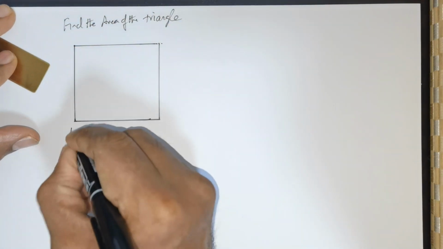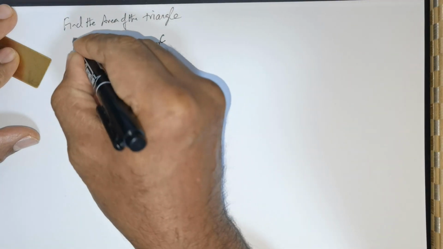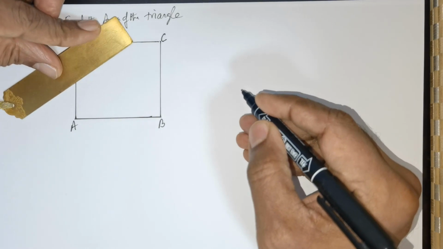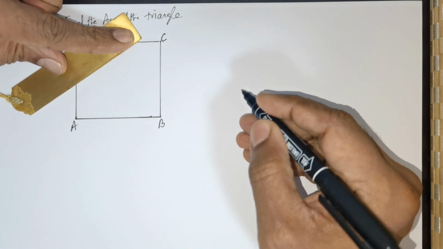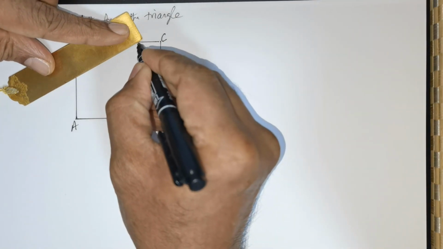Let me take this as A, B, C, D. This is a square. Inside this square, you have a triangle.